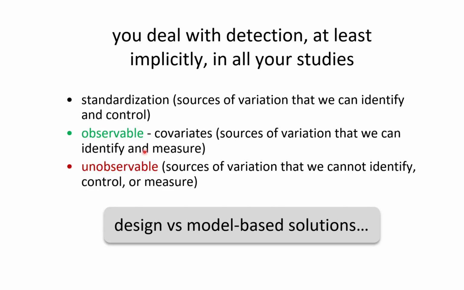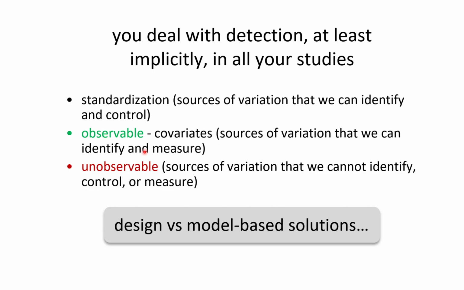If you have a trapping grid, for example, you might use the distances of the traps from the edges of the grid or from the edges of home ranges. There's all sorts of things that potentially you might measure if you believe that those covariates can actually influence the probability of detection. In principle, that's straightforward, but it's not always going to be obvious what the covariates are that are going to influence detection probabilities.